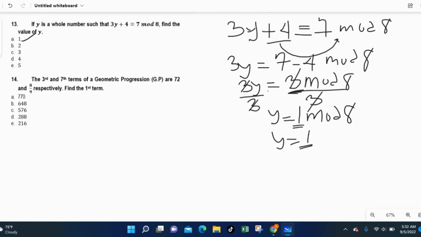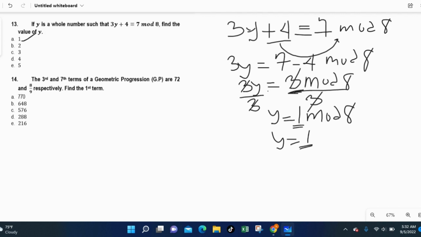The common ratio can be found by dividing the second term by the first term, or the third term by the second term, or the fourth term by the third term. Whichever you decide to do will get you a common ratio. But this question is unique in that it will bring up a simultaneous equation. Now let's look at how we do that.